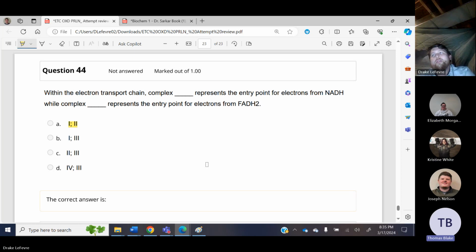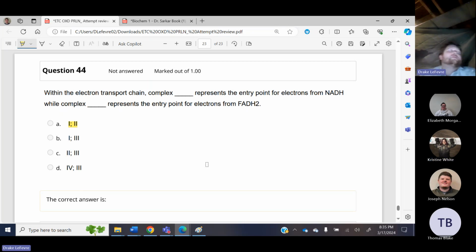CoQ. What is another name for CoQ? Ubiquinol. It is most closely related to what vitamin? K. Okay. In what form is CoQ active? Oxidized. Its oxidized form. Good.